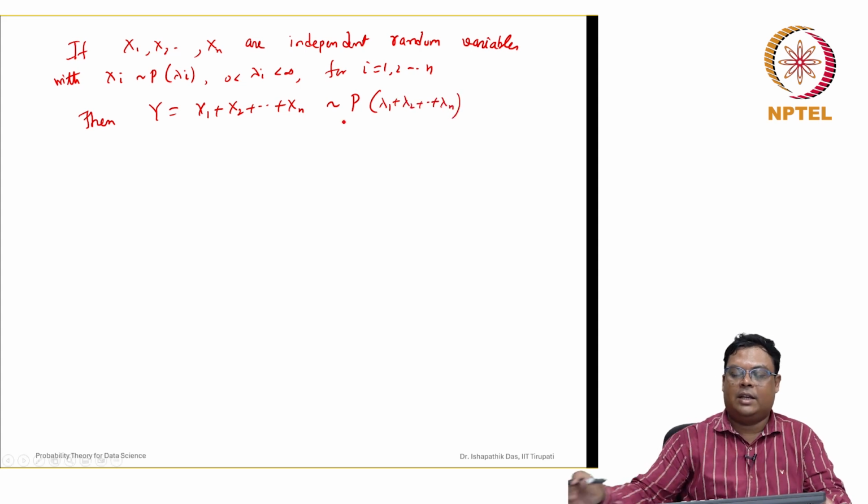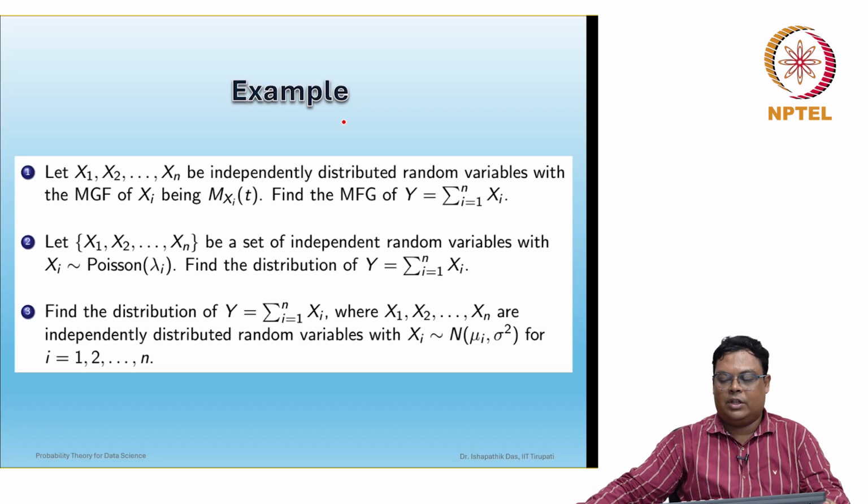So this is the general result we have proved here using the moment generating function. Hopefully you have followed it and understood these things. Next we will discuss some more examples of how the moment generating function may be useful.